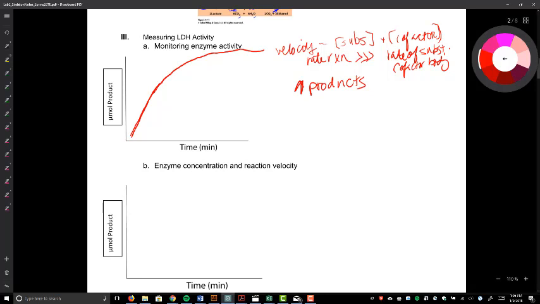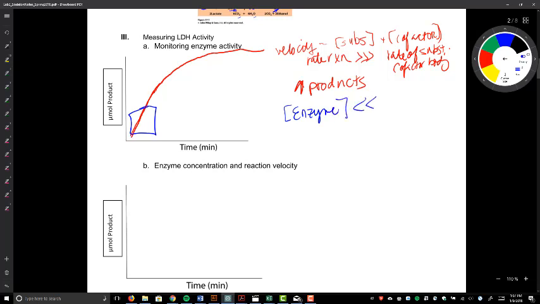And so it's really important that when we're measuring the activity of the enzyme, we want to hone in and get a snapshot of the enzyme when it has a large amount of substrates and cofactors, and ideally the reaction rate will stay constant through the whole time we monitor it. And so in order to achieve this, we need to have a concentration of enzyme that is much less than the substrates.